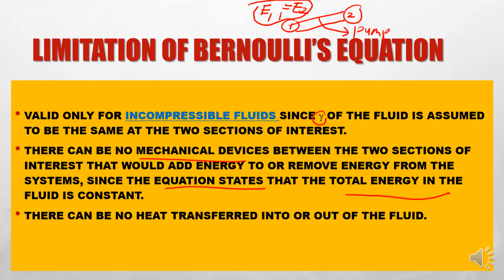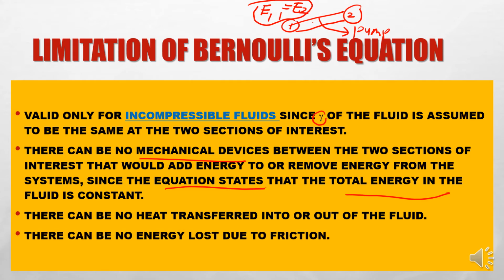The third point is that there should be no heat transfer throughout this fluid. For example, you cannot put any heat exchanger between these 2 points. And lastly, there should be no energy loss due to friction.